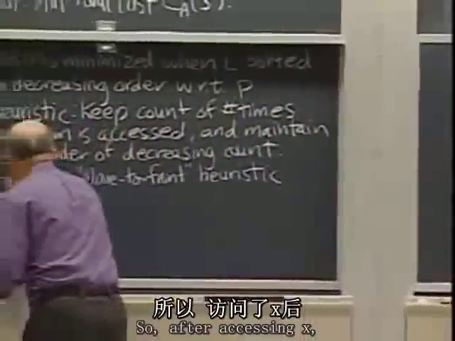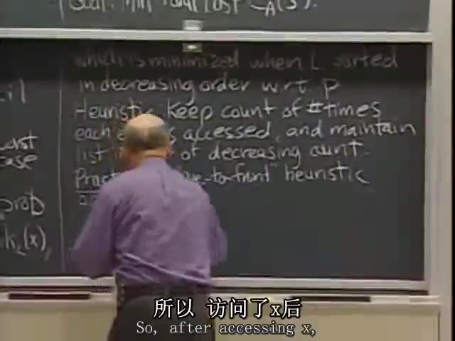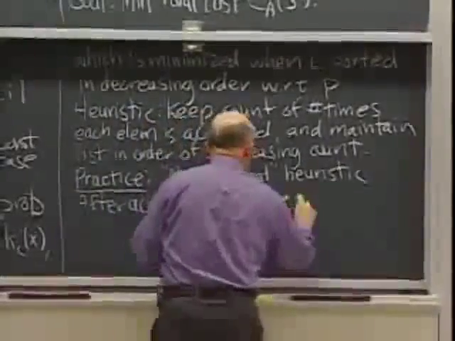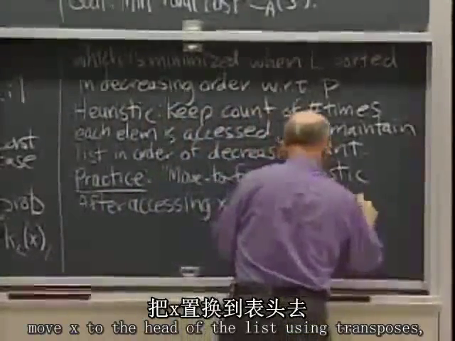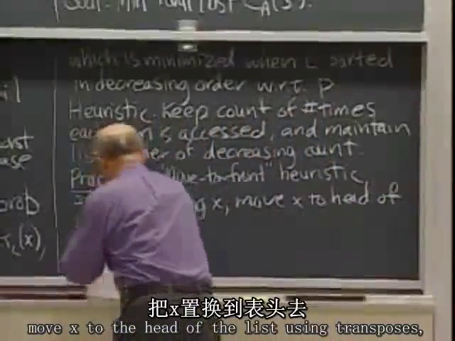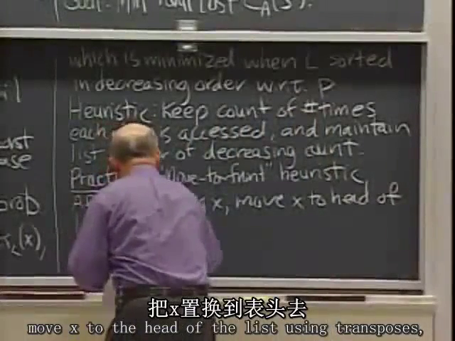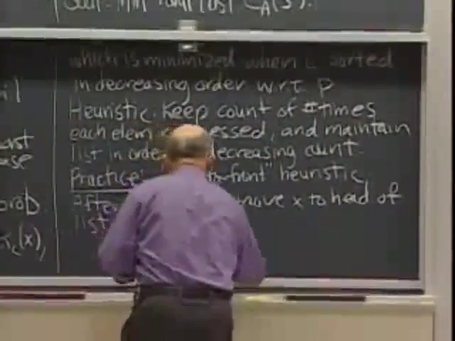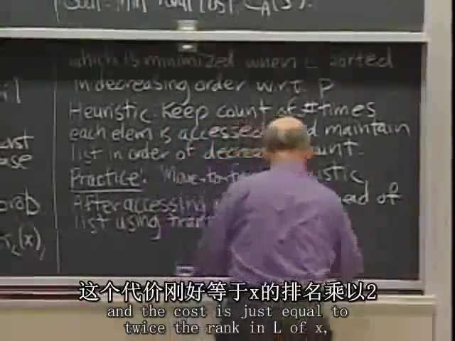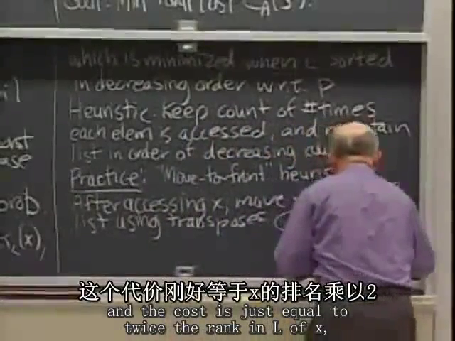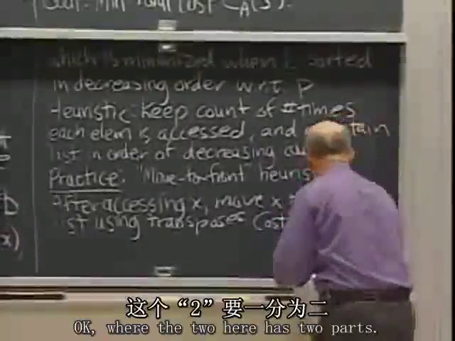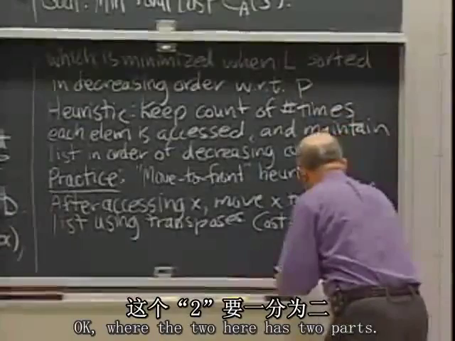Okay, so after accessing X, move X to the head of the list using transposes, and the cost is just equal to twice the rank in L of X, where the 2 here has 2 parts.